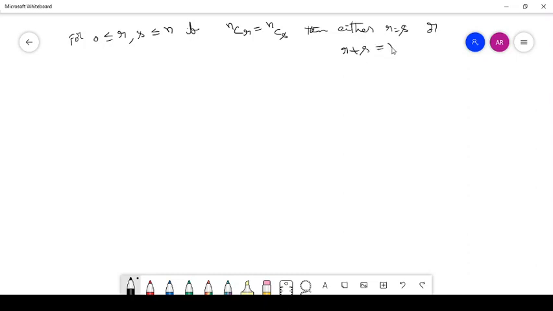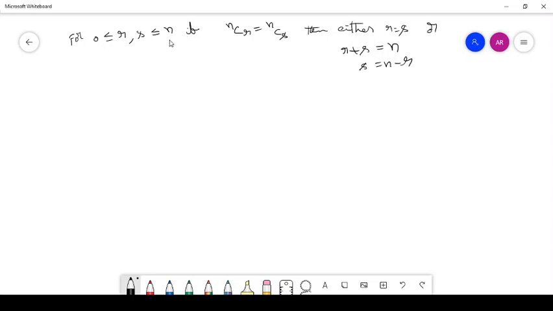That is, either s is equal to r, or r plus s is equal to n, or s is equal to n minus r. This is a very important result.